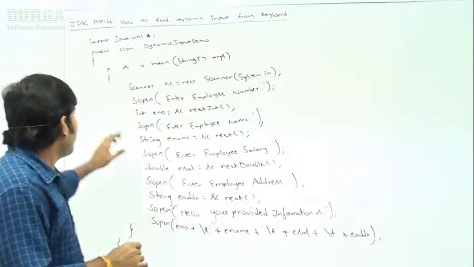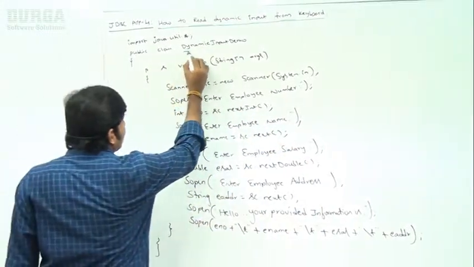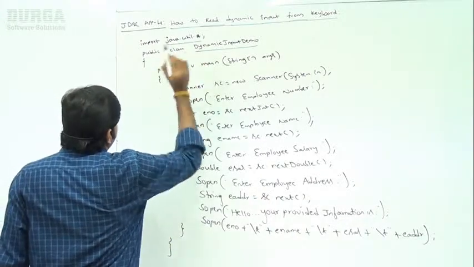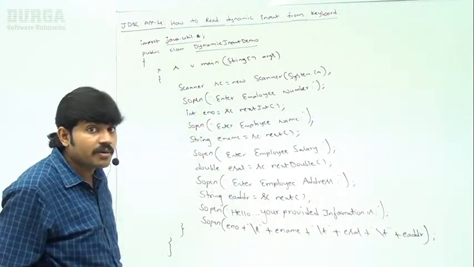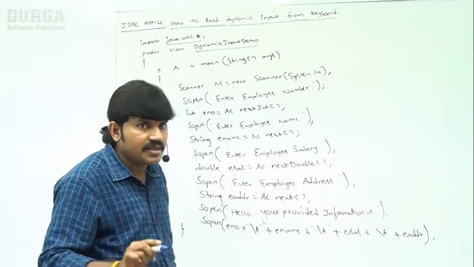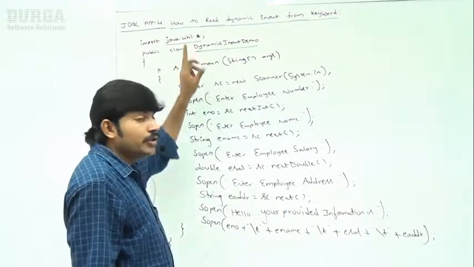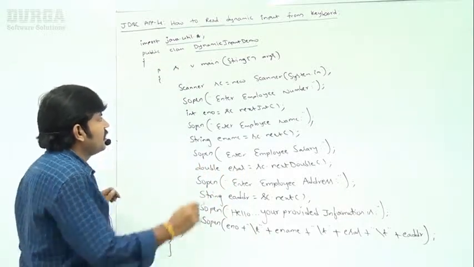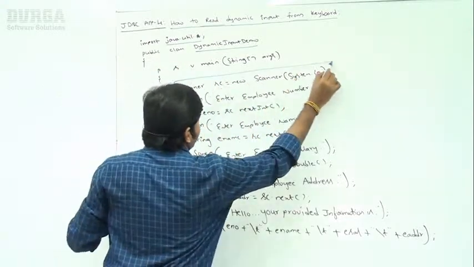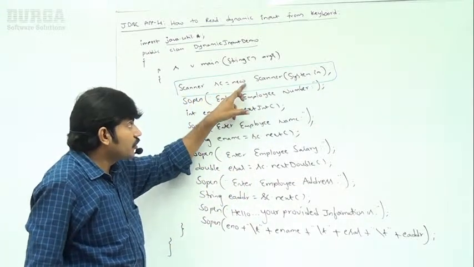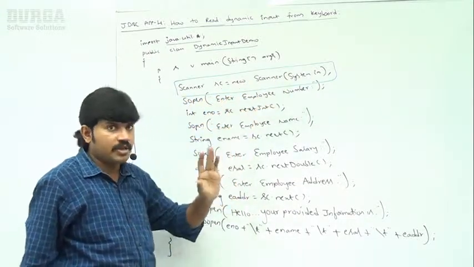Observe that. Public class DynamicInputDemo. I took import java.util.*. Why am I taking import java.util.*? Because the Scanner class is present inside the util package. Then the main method. Next, how to create the Scanner object, which I explained already: Scanner sc is equal to new Scanner of System.in.